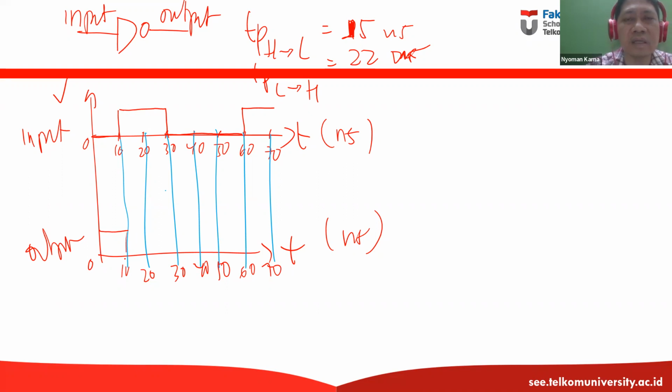But because there is a delay, and the delay comes from low to high, which is 22 nanosecond, that means the output will become low 22 nanosecond after the input changes.